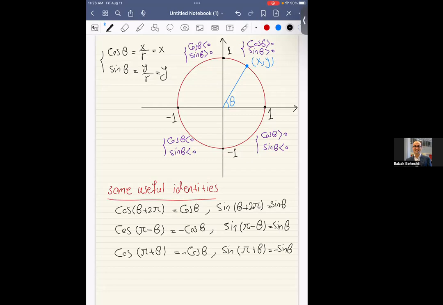If theta is between 0 and pi half, then pi minus theta is located in the second quadrant, and pi plus theta is located in the third quadrant. So remember, in the second and third quadrants, cosine is negative, right? That's why you get negative for cosine. But in the second quadrant, sine is positive, so that's why you get positive.